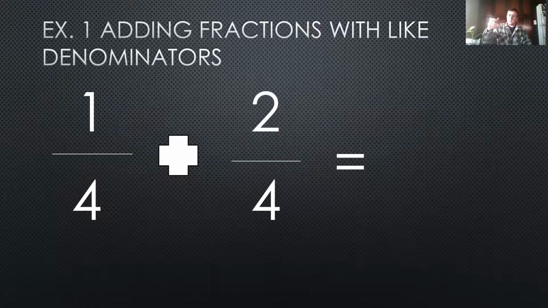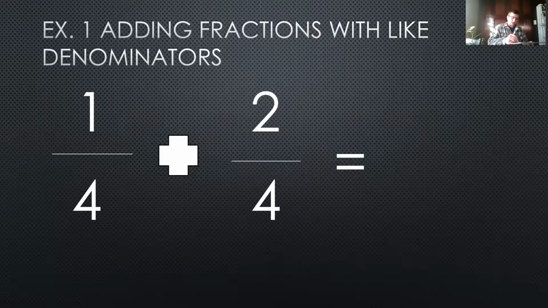What I want you to do, just type in the chat what our denominators are in this problem. All right, so now where is it located? Below the fraction bar, which is 4 and 4. Okay, so we know what our denominators are, just 4.